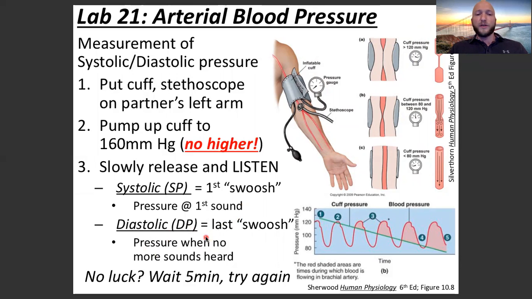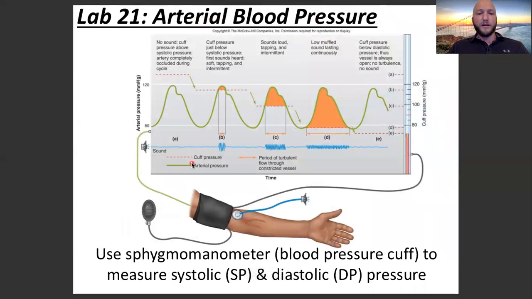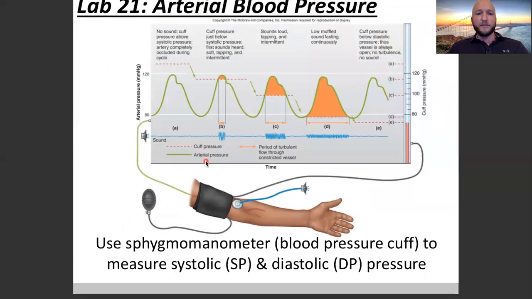When no sound is heard, that moment corresponds with our diastolic blood pressure, the lower range. So in that typical 80 to 120 range, first sound, systolic, the high pressure, the 120 number. Last time we hear a sound, diastolic, the relaxation phase, the lower pressure. All right, so that's how you take a blood pressure. We're going to talk a little more about this in the discussion.